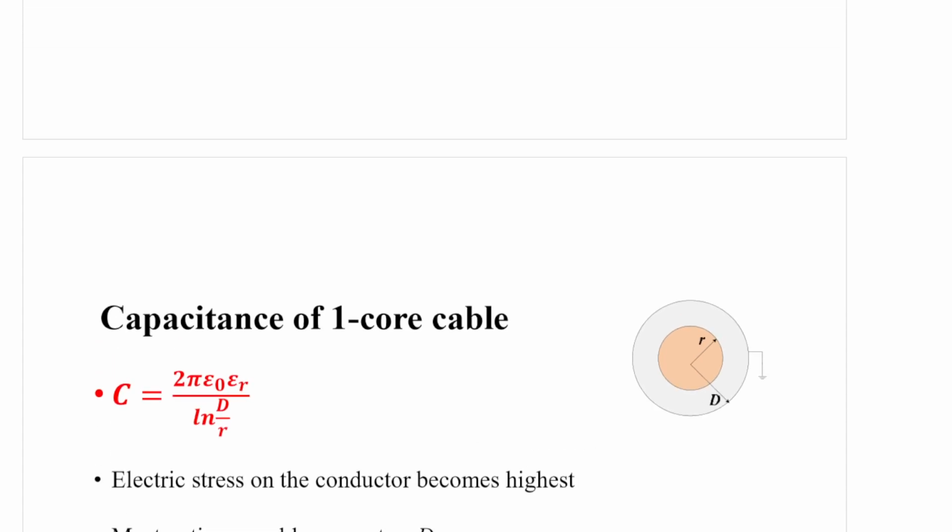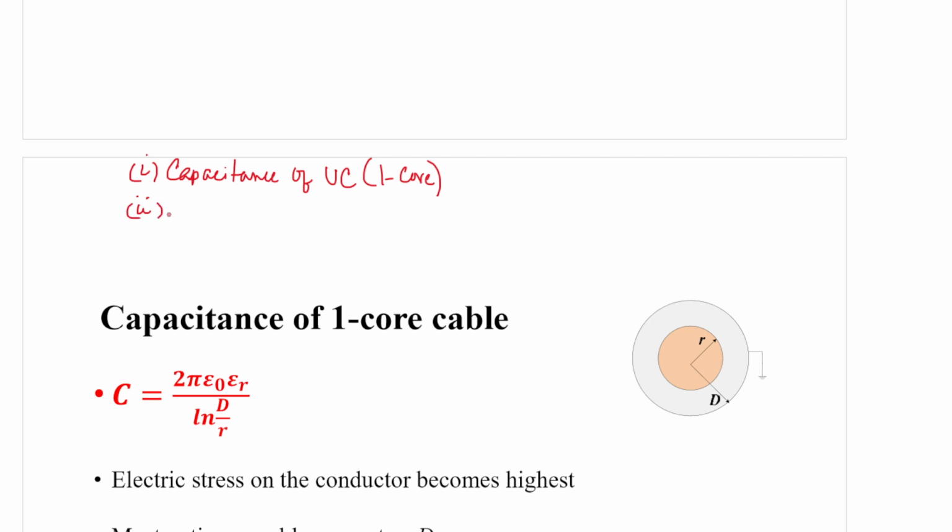So we shall see two aspects in this lecture on underground cable. That is, first, the capacitance of underground cable of single core. Single core means we have one conductor.